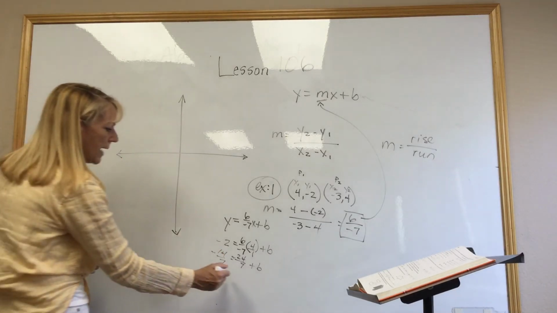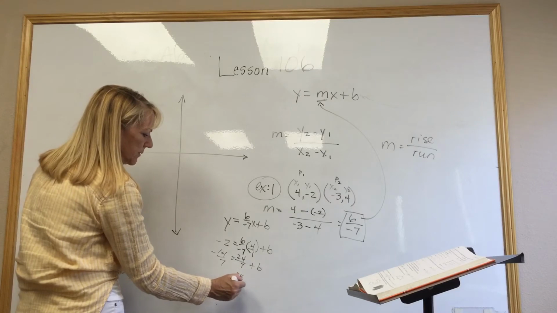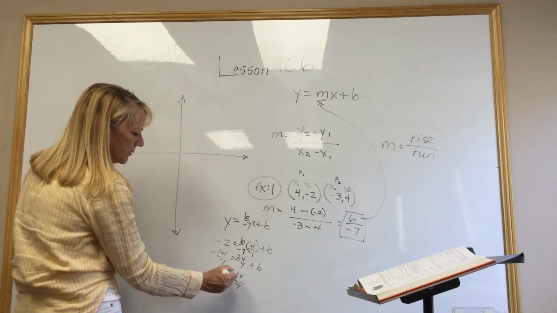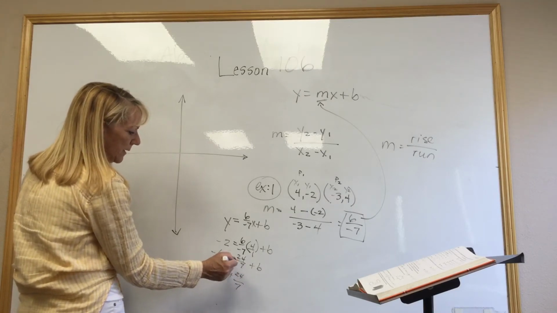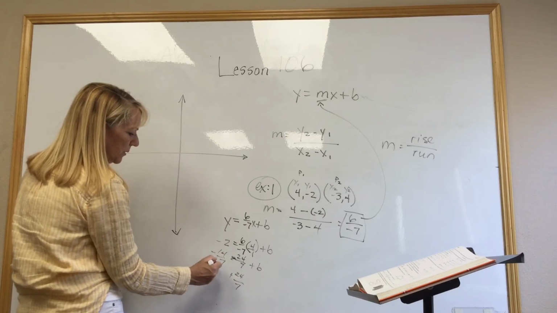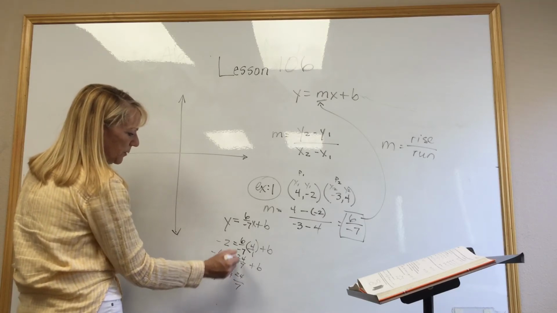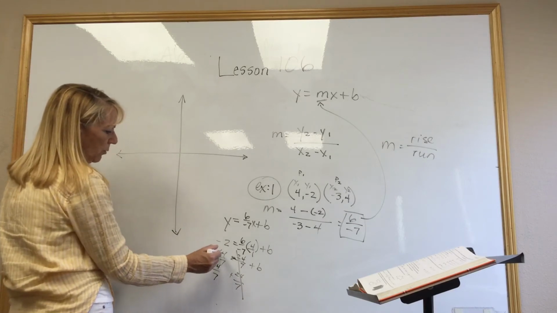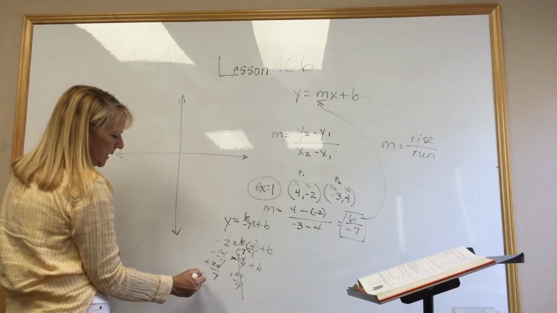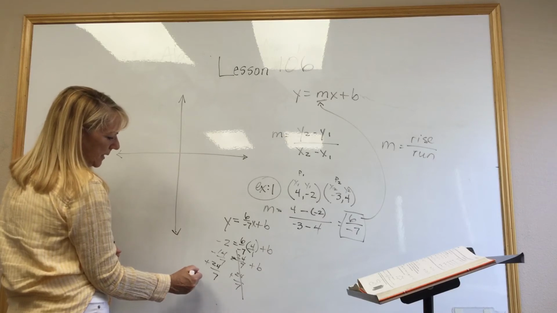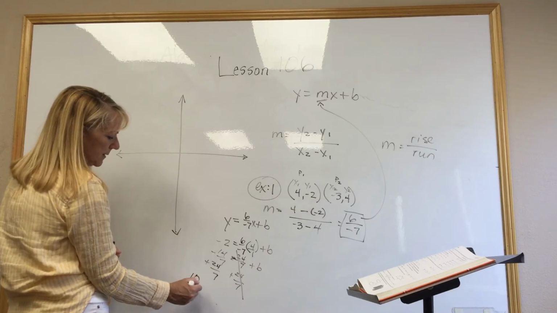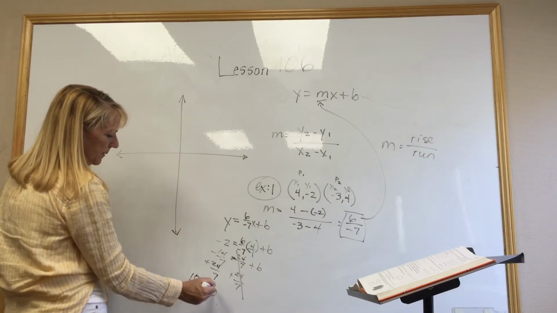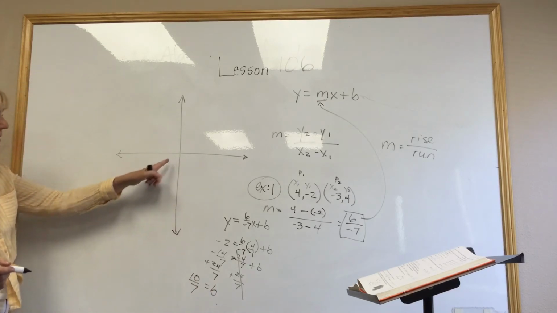Now I can add 24/7 to both sides because this already is a negative. We want to add 24/7 to both sides to isolate my variable. So if I have 24 and -14, that would be 10/7 equals b. So b equals 10/7.